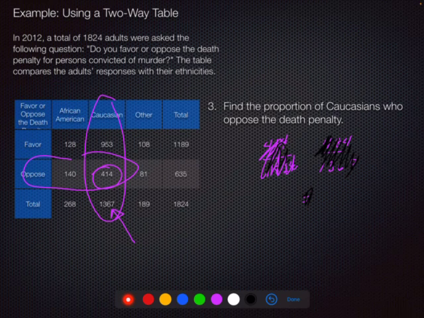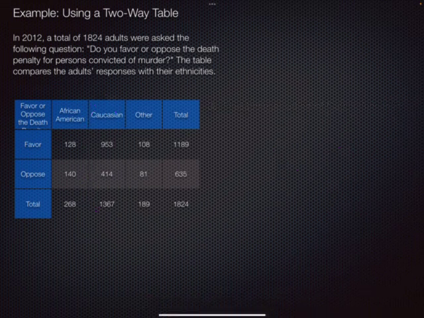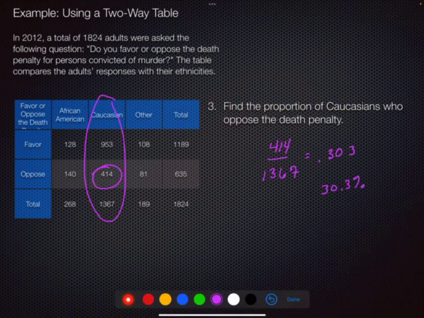So it's 414. Now the total number of Caucasians, which is 1,367. So that's 0.303 or 30.3%.